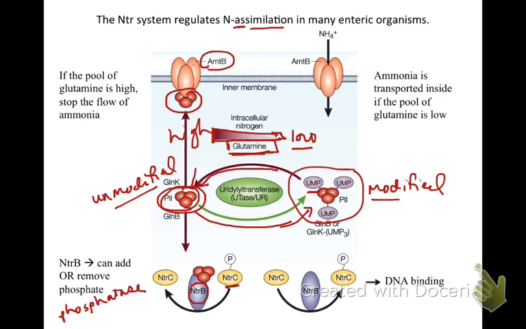So now we have the modified form, and having these UMPs on P2 precludes it from binding to AmtB, this transporter. So that means now ammonia will be able to come into the cell. And P2 also is not going to be able to modify NtrB. So now NtrB is a kinase, and it will add a phosphate to NtrC, and NtrC can then bind to DNA.